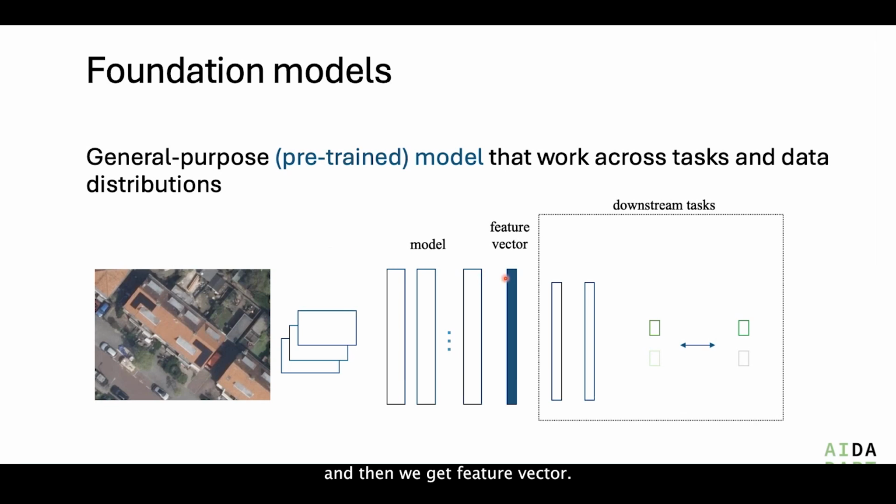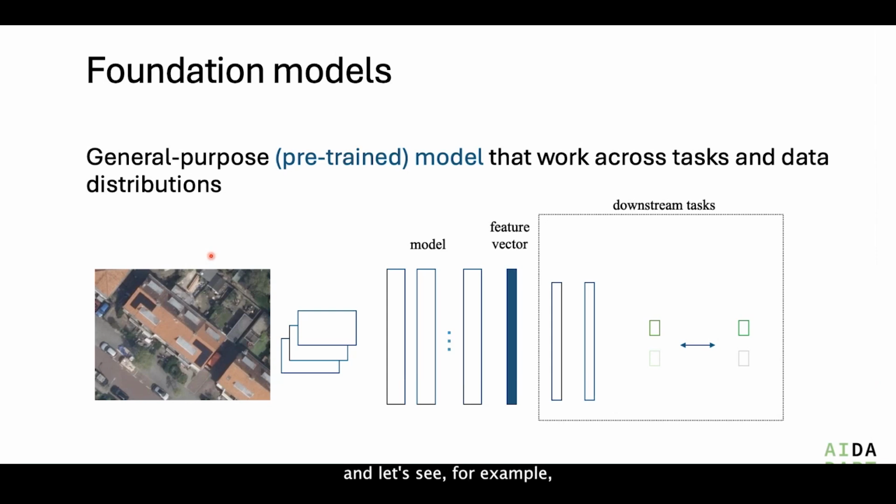Then we can perform a number of downstream tasks, such as classification, instance retrieval, depth estimation, any task that comes to mind, and this will work. On top of that, what I mean by data distributions is that if we plug in images that were different from the curated data set we used to train the model, this would still work. That would ideally be what we want to have.